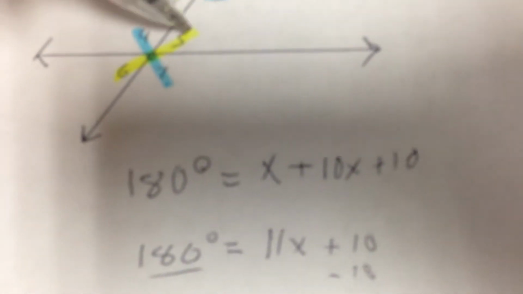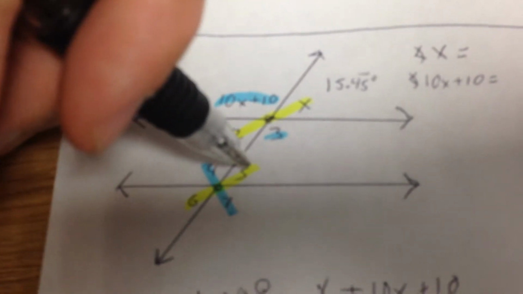So we know that one, so we can say that angle 2 is 15.45. We can say that the corresponding angle 5, angle x and angle 5 are corresponding, so 5 is going to be 15.45 degrees as well. And we can say that the vertical angle of 5, angle 6, is also 15.45 degrees.